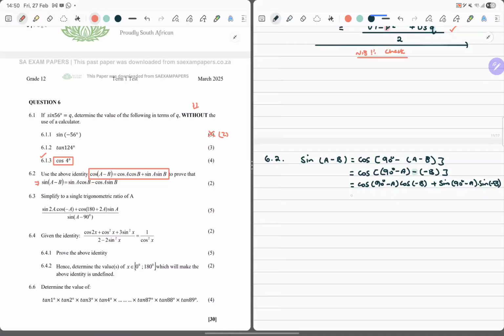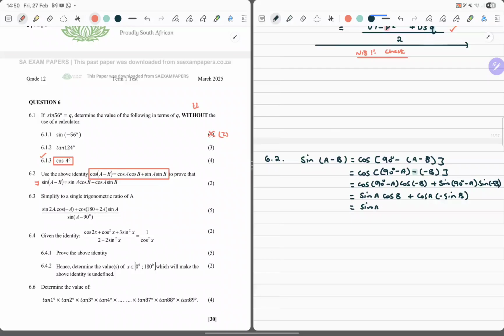Cofunctions kick in, so this is going to be sine A cos B. Cos of a negative angle is positive, plus this one changes to cos A times minus sine B. Then sort it out.